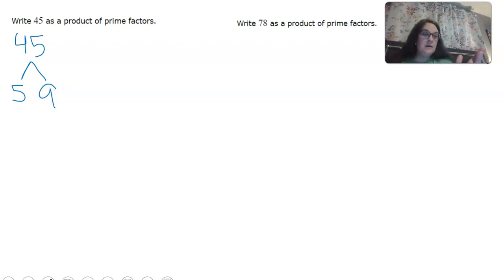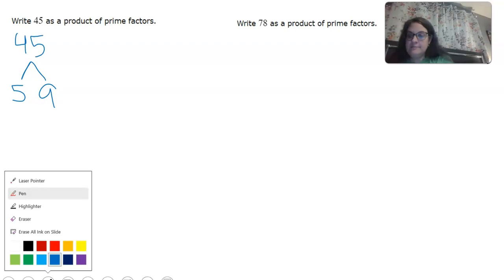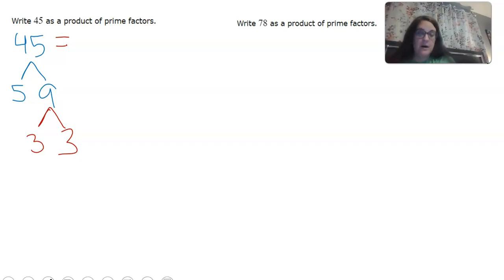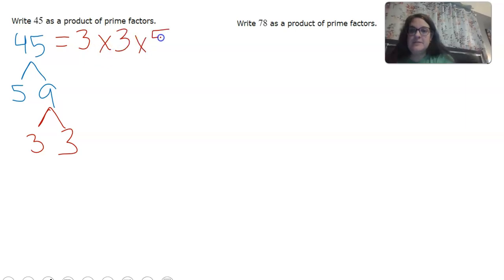All right, so I didn't start with the smallest, but it was still efficient, because now I know how to break down 9. It is 3 times 3. So my product of prime factors, if I list them from smallest to greatest, would be 3 times 3 times 5.